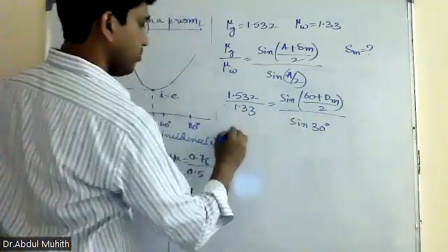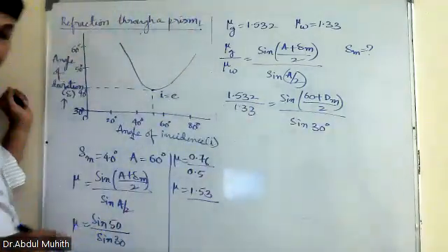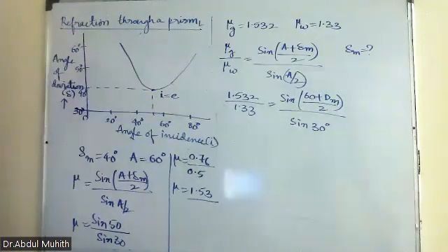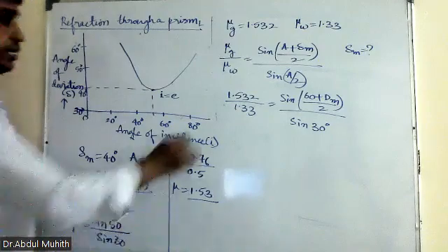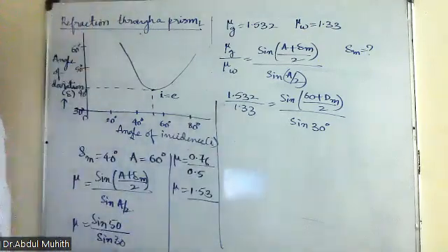So now 1.532 divided by 1.33, what will be the value? 1.15.